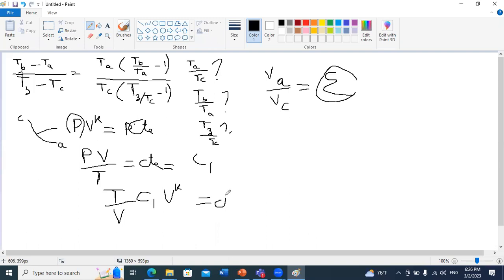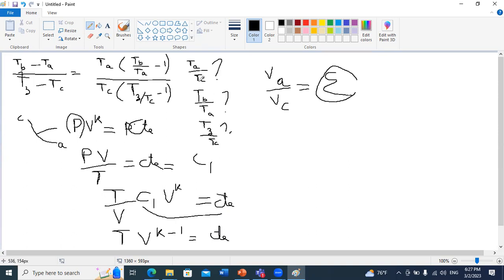Now the constants I can lump together and take to this side. What do I obtain for an adiabatic process? The temperature times V to the power K minus 1 is a constant.